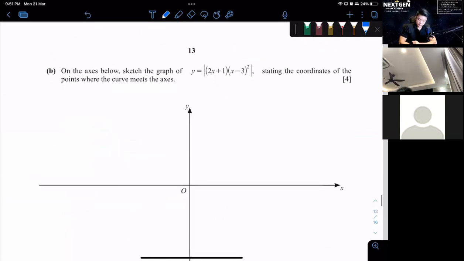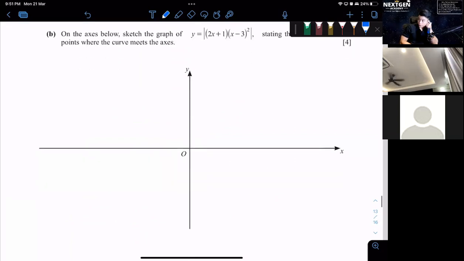Okay, on the axis below, sketch the graph of y equals 2x plus 1 bracket, then bracket x minus 3 squared, which is the one above now, just with a modulus to it, stating the coordinates of the points where the curve meets the axis. Okay, so I'm going to use my method, which is the SIM method.